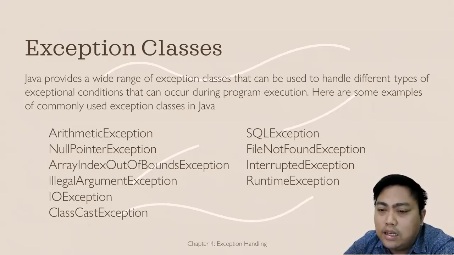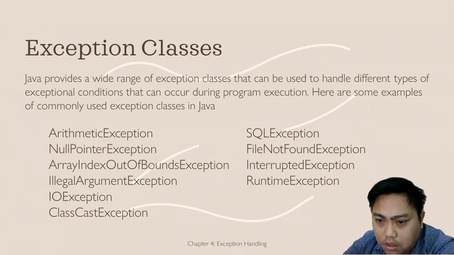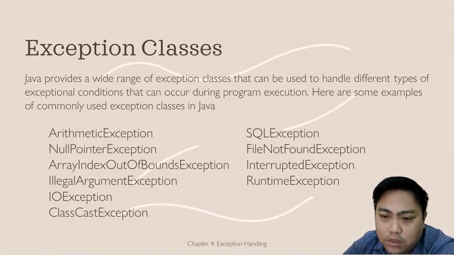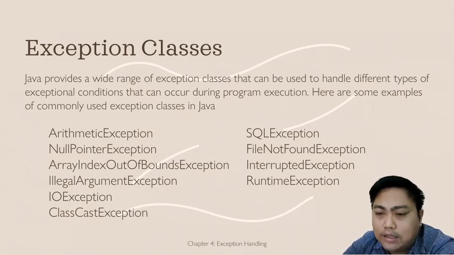This will issue an IllegalArgumentException. Then we also have the ClassCastException. This exception is thrown when an attempt is made to cast an object to a type that it is not compatible with. I know you are all familiar with type casting, so this is somewhat related to that.